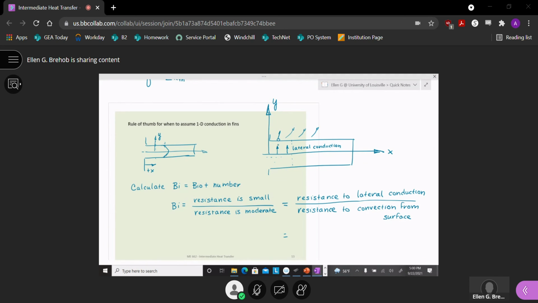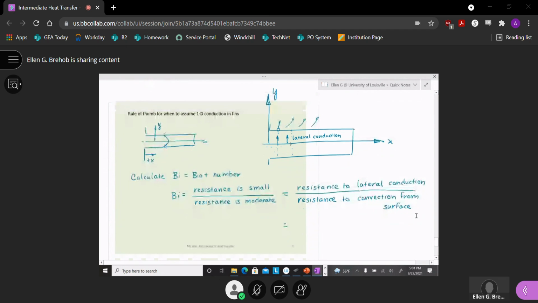So we want that resistance. So we don't want heat to be able to be pulled off of this fin super quickly, because we want the heat to be able to become nearly uniform through the cross section. Okay. So we want this convection resistance to be moderate. So it's not pulled out really quick, not a really small resistance.